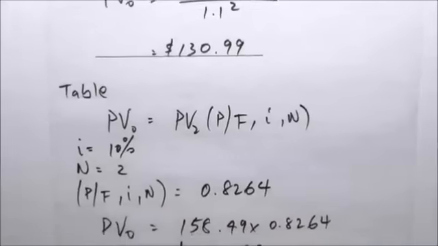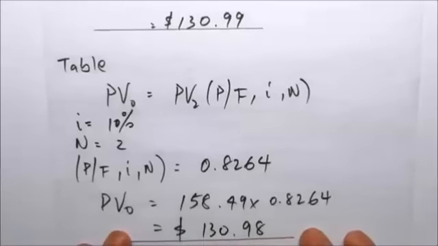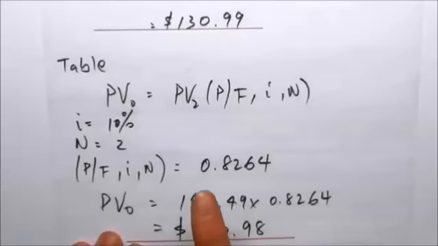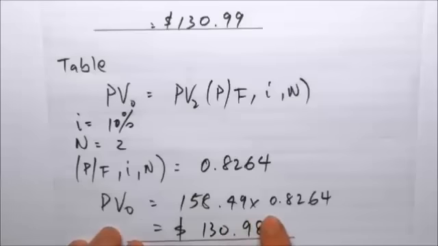So, as we have done all the time with the interest rate table, we take the future value, which is the present value at 2, which is 158.49, and multiply it by the factor, 0.8264, and we get the exact same answer of 130.98.